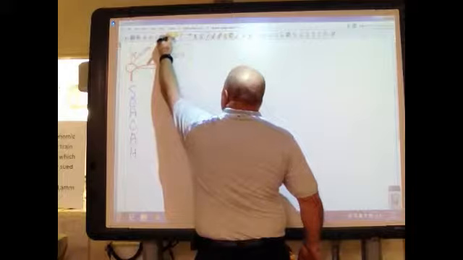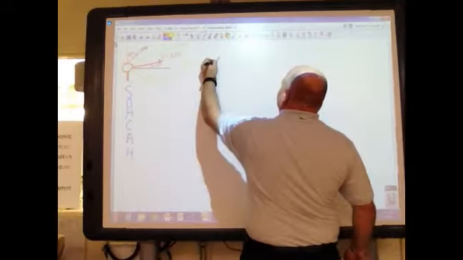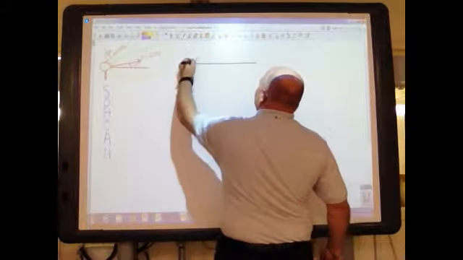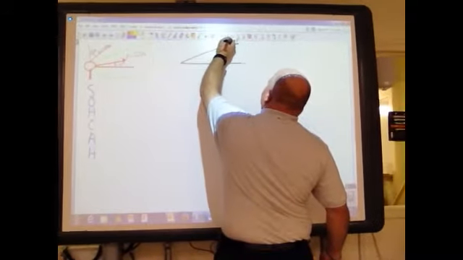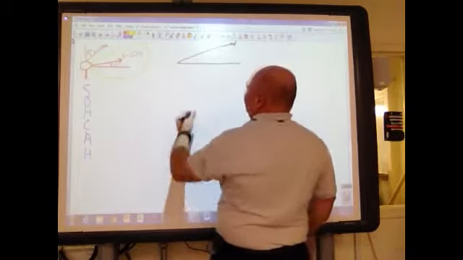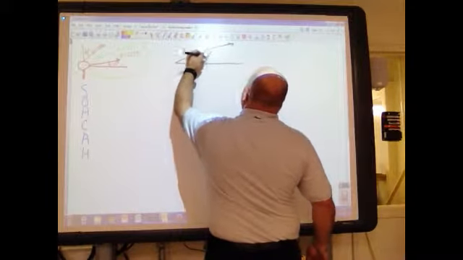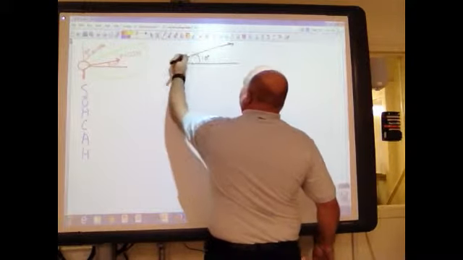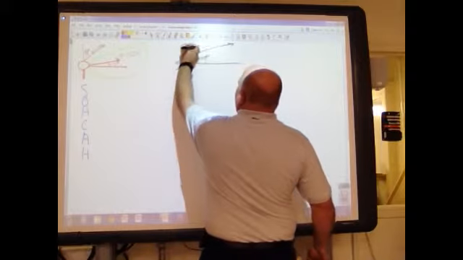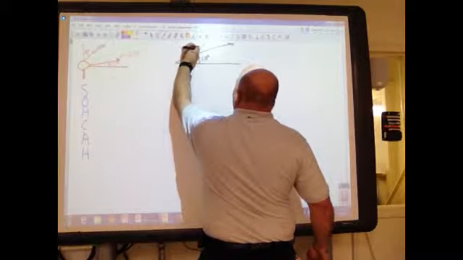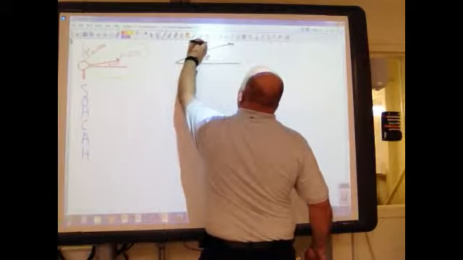To begin with, I draw the force vector in isolation. There's my force vector. It's 10 degrees, and it has a label of F, and it's 123 newtons.